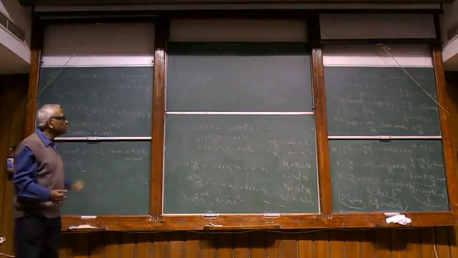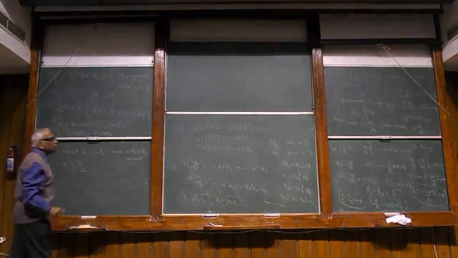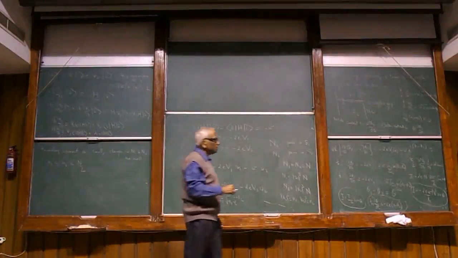Those are the two Josephson junction relations which one writes down for very small current, small changes in the number of particles N1 and N2.